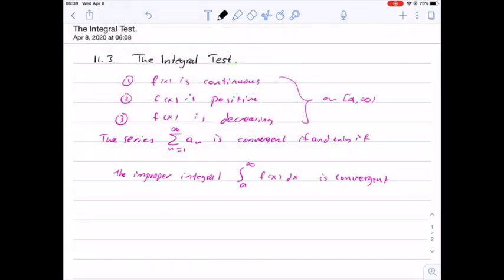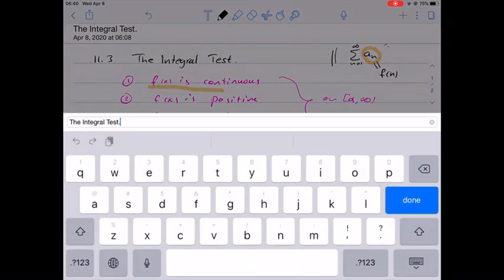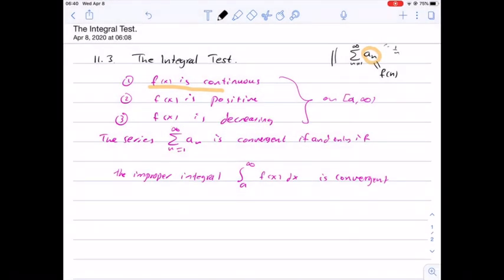So the integral test says that if the function f of x is continuous, and I should show you what I mean by the function f of x. If we are given some series a sub n, from 1 to infinity, for example, then the general term is called the function f of n, because this may be given by 1 over n.